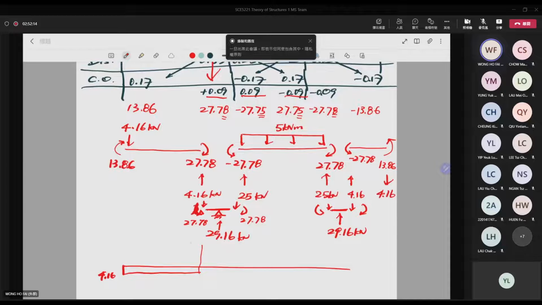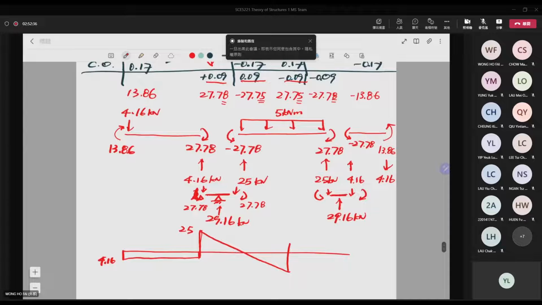And then again, you will go down here, it is equal to 25. And then you will go up here. It is equal to again 4.16. Then you will go back here and it is equal to 0.